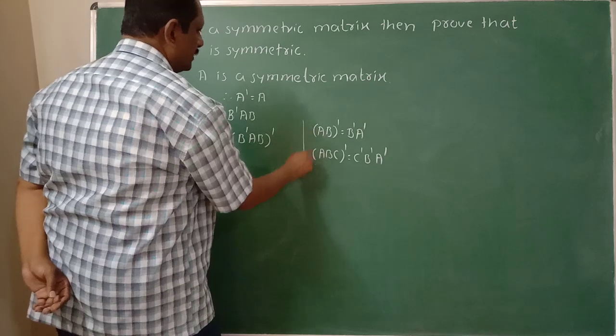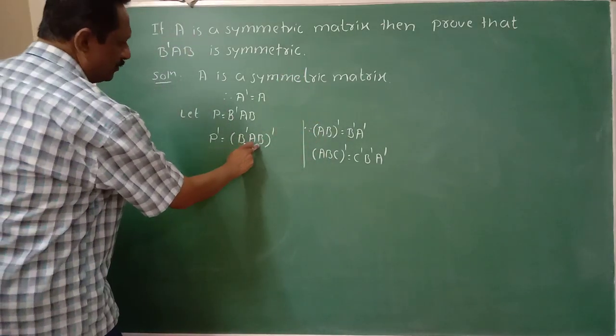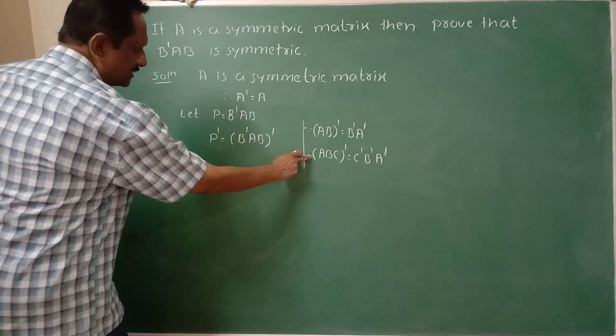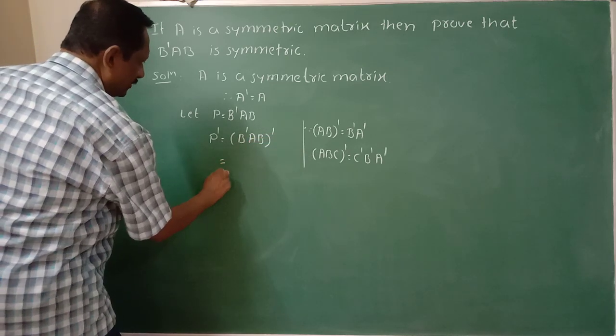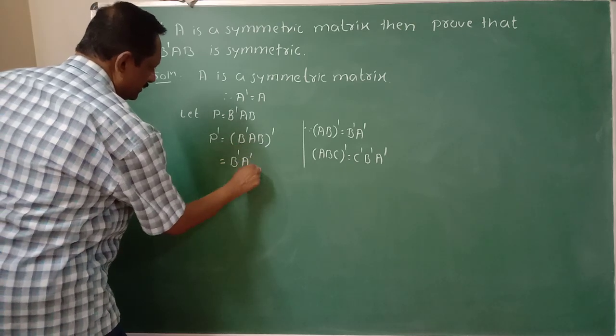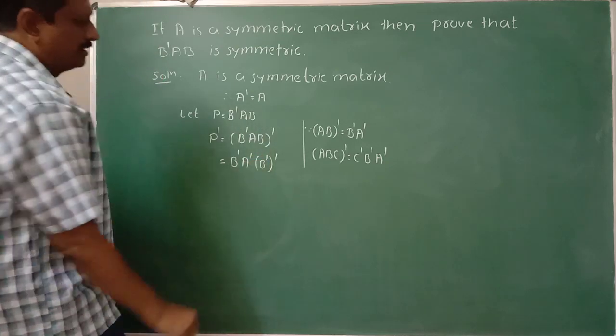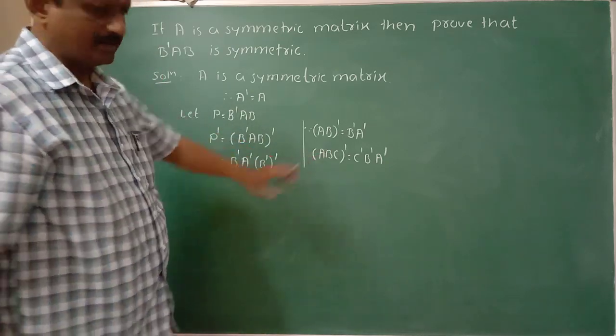Therefore, B dash AB whole dash, using this result, is equal to B dash, then A dash, then B dash of dash.